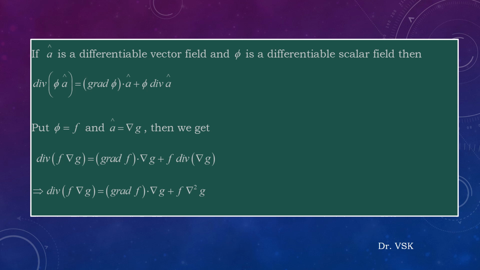We know that div del g is nothing but del square g. Then it gives us div of f del g equals f del square g plus grad f dot del g, or we can also write it as div of f del g equals f del square g plus del f dot del g. We are done.